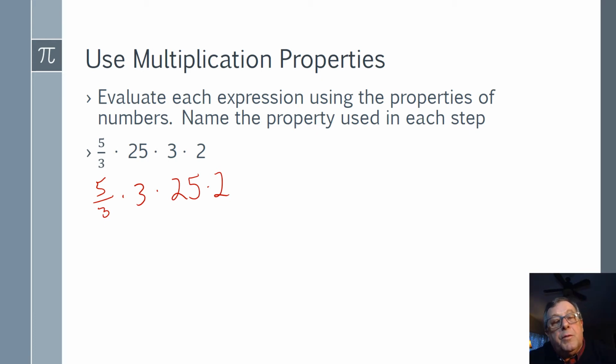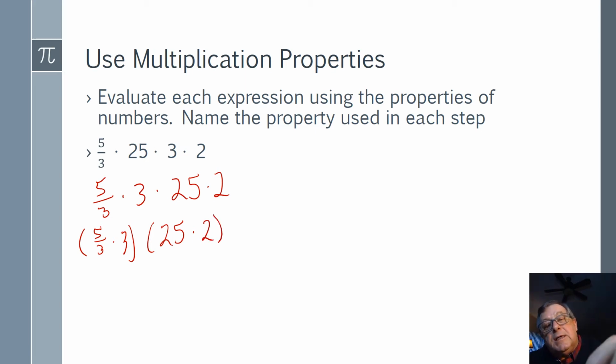And when we do, we're going to be using the associative property: 5 thirds times 3, and that's going to be times 25 times 2. So this was the commutative property. And this was the associative property.